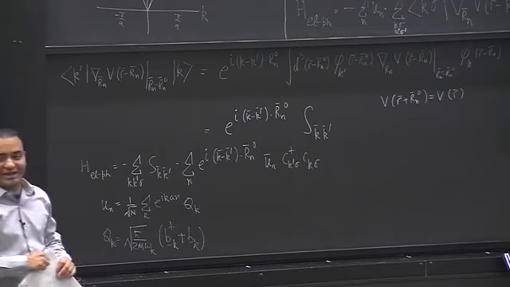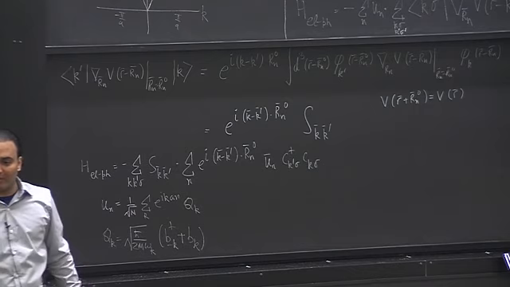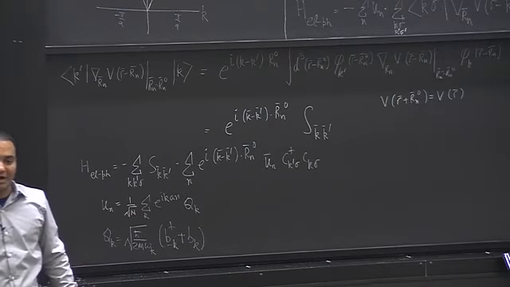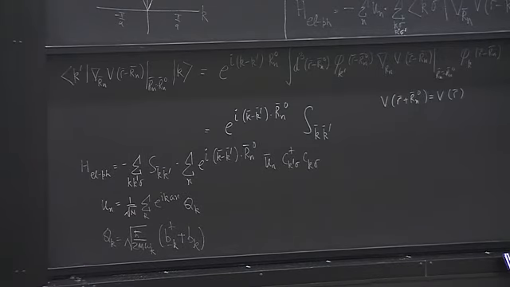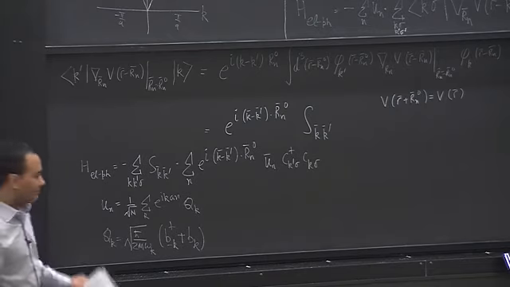What I'm going to do is write a general form of this u that accounts for a three-dimensional material which may have a bunch of branches, acoustic and optical phonon branches, and some polarization.